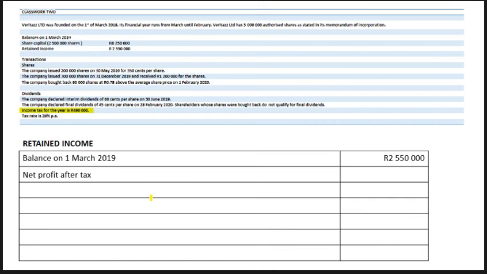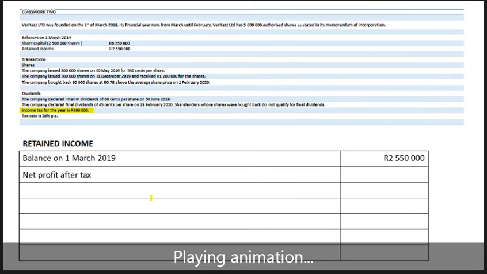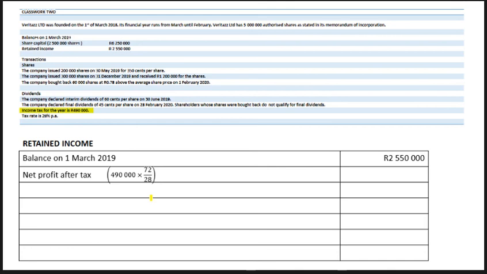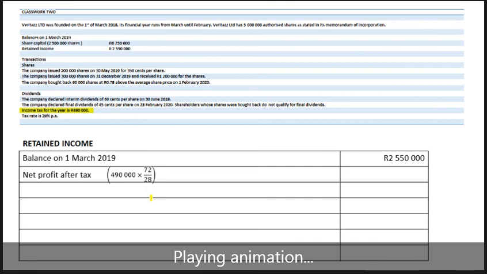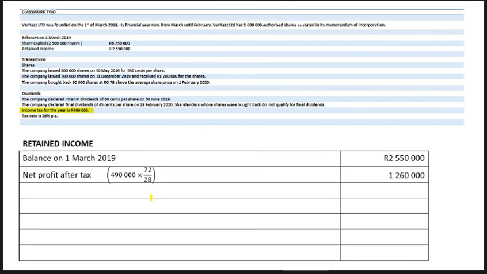It'll be at 72. So you will multiply by 72 and divide by 28. And hence you will have here 490,000 multiplied by 72 divided by 28, and it'll give you your net profit after tax of 1,260,000.